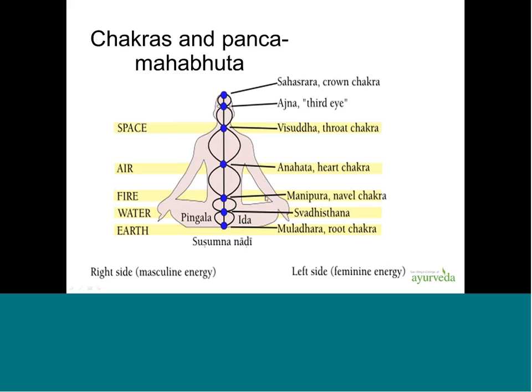So here we have the 5 components of the Pancha Mahabhut, the 5 major elemental categories, associated with these 5 lower chakras. Earth with the Muladhara chakra, water with the Swadhisthana chakra, fire with the Manipura or navel chakra, air with the Anahata or heart chakra, and space with the Vishuddha or throat chakra.